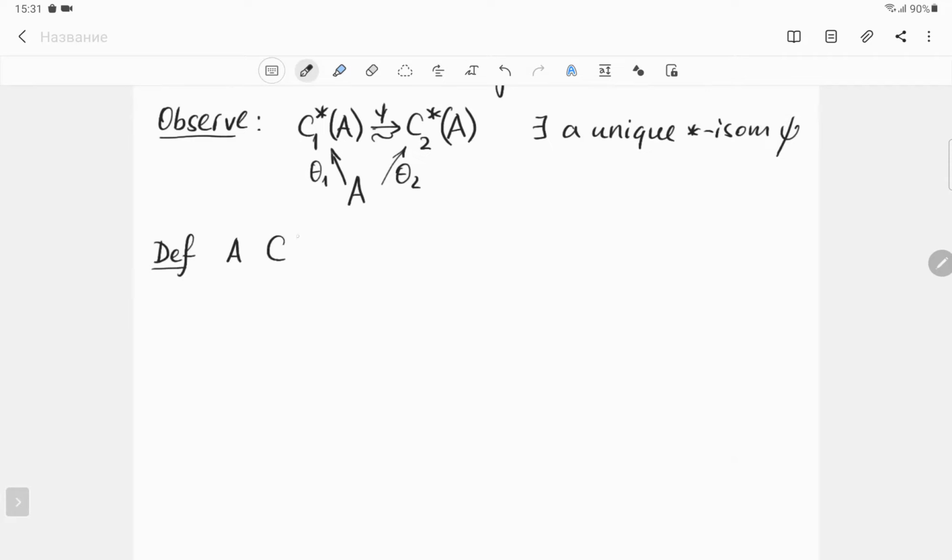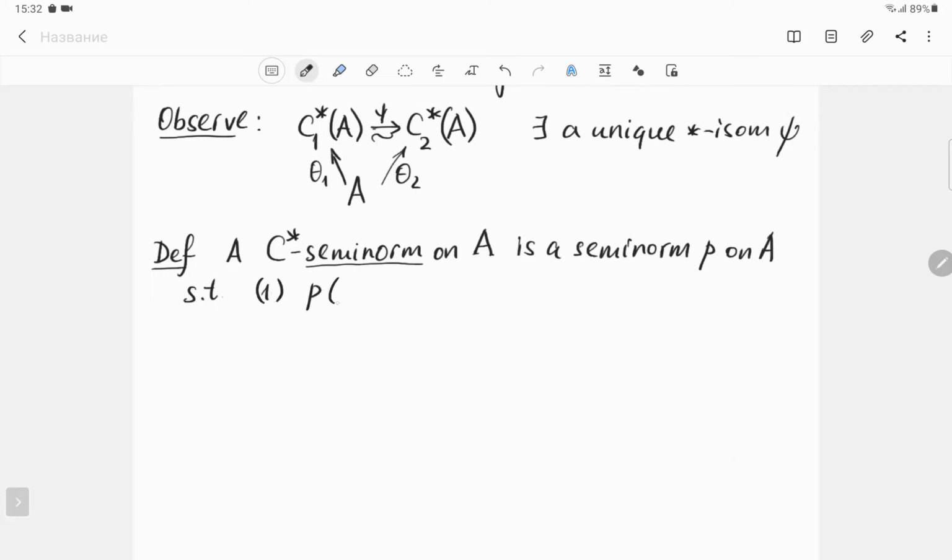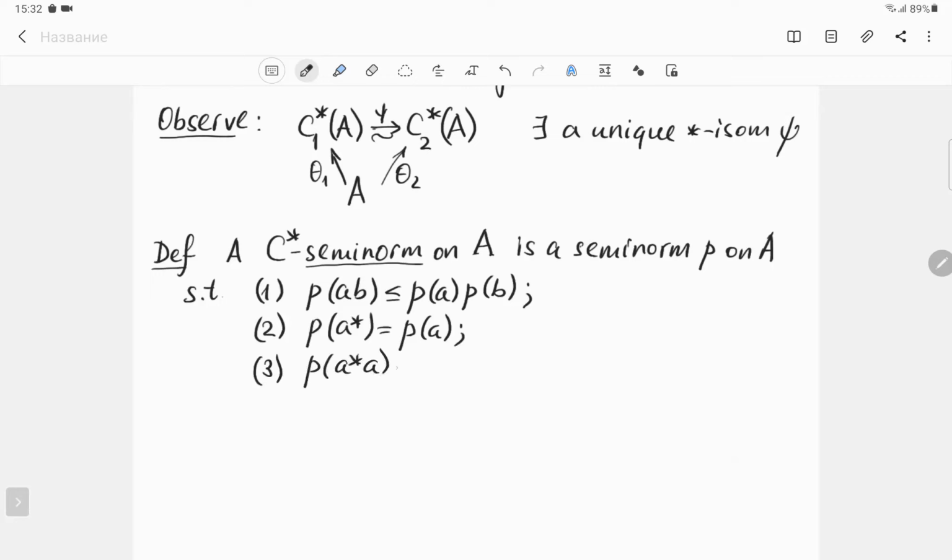By definition, a C-star seminorm on A is a function P, first of all a seminorm, say P on A, such that, first of all, it is submultiplicative: P of AB is less than or equal to P of A, P of B. Second, the involution is isometric with respect to P. And finally, P satisfies the C-star identity: P of A star A equals P of A squared for all A and B in our algebra.